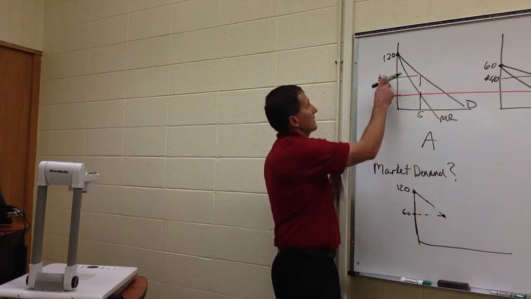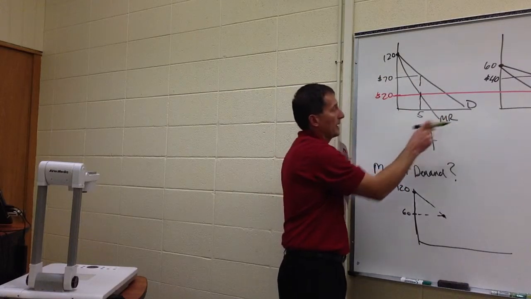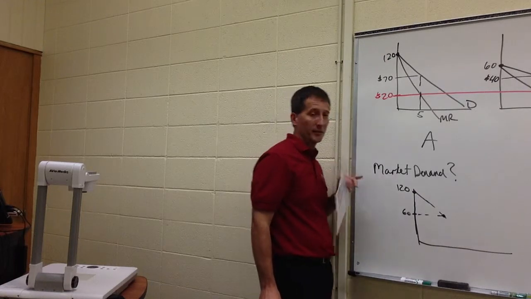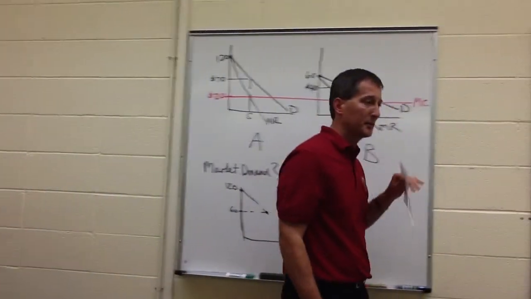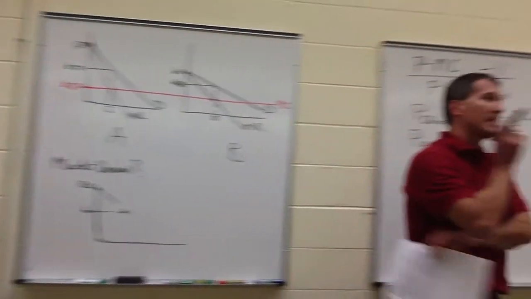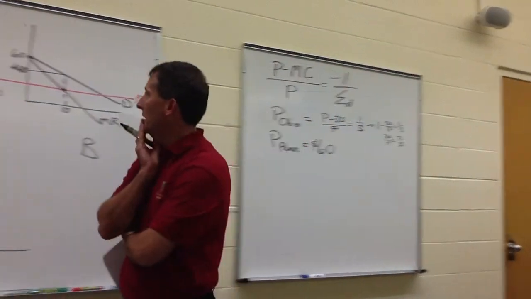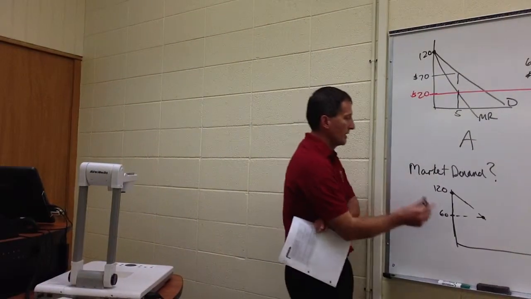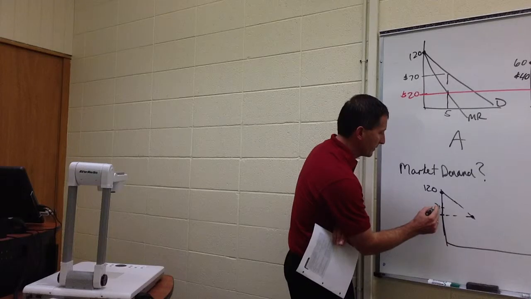So at a price of 60, how many A people do we have? You have to calculate this. We don't have the answer. So at a price of 60, how many A people are we going to have? We know, by the way, that at 70, we've got 5.